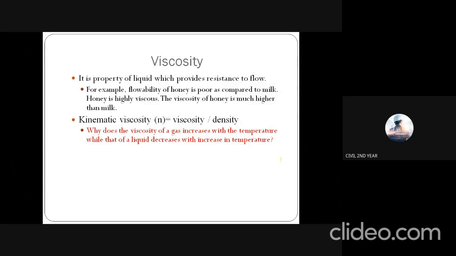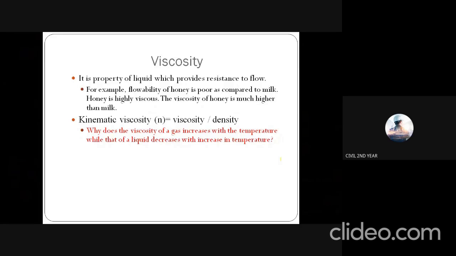Okay? Another term we have to know is kinematic viscosity, which is nothing but viscosity divided by density. I want to ask you one question regarding viscosity, so note it down. While coming to the next class, we will discuss why the viscosity of a gas increases with temperature while that of a liquid decreases with an increase in temperature.